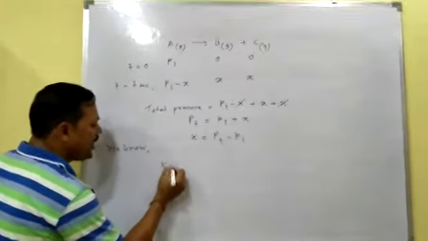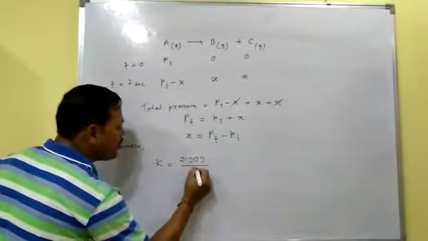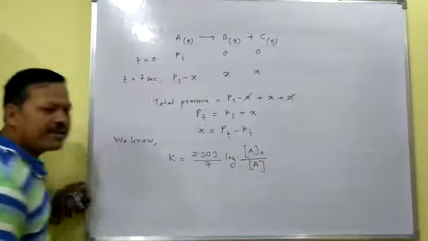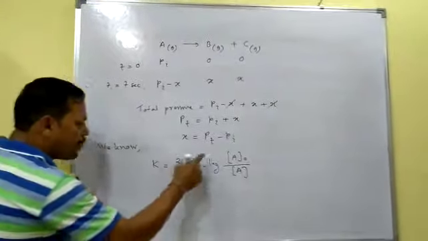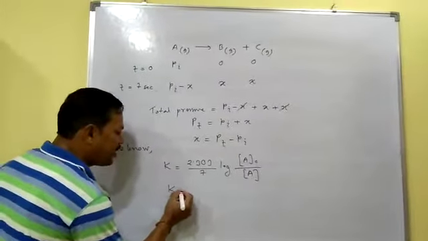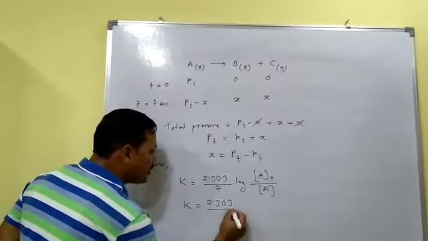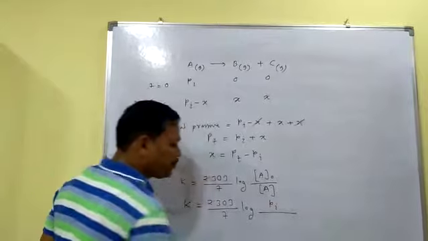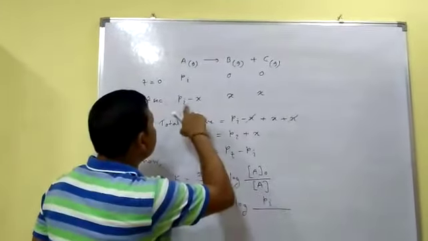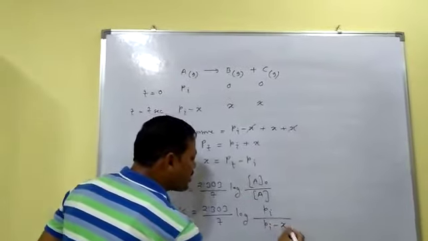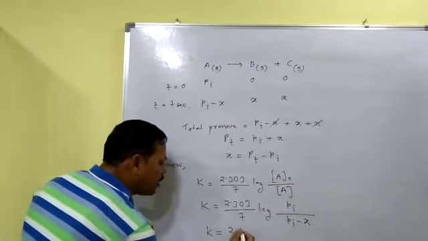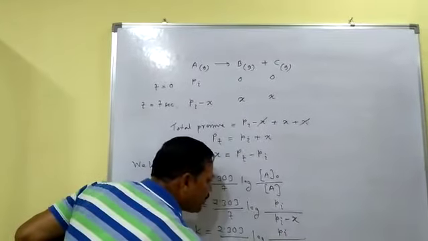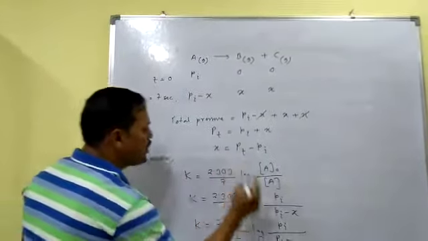Now we know, already you have got it, K is equal to 2.303 divided by t log of initial concentration divided by present concentration of the reactant. This is in terms of concentration. If I apply it in terms of pressure, then you can write K is equal to 2.303 divided by t log of initial pressure Pi divided by the present pressure of the reactant, Pi minus X. Or K is equal to 2.303 divided by t log of Pi divided by Pi minus X, and you put the value of X, Pt minus Pi.